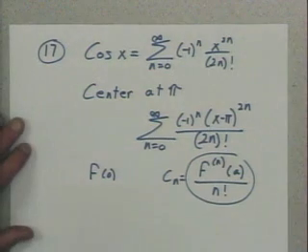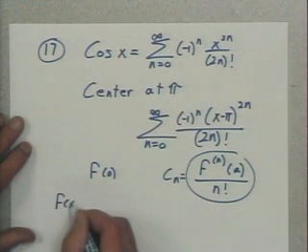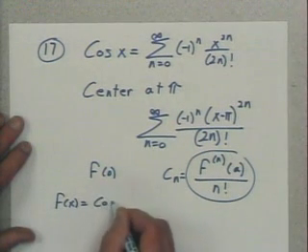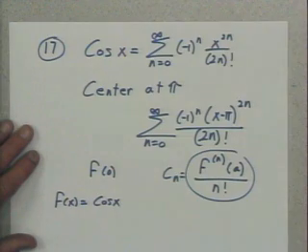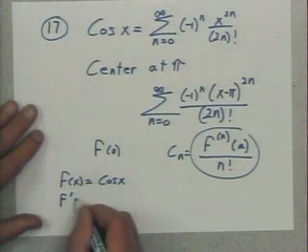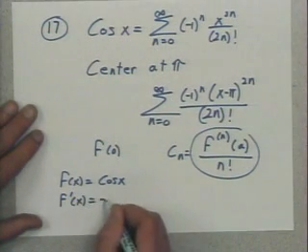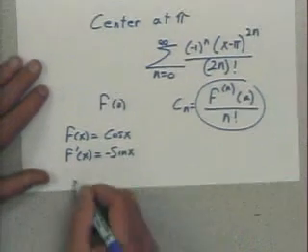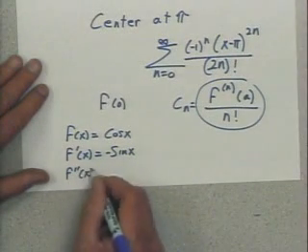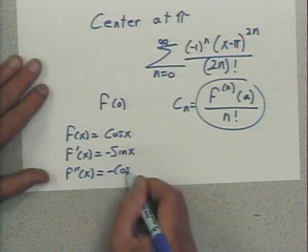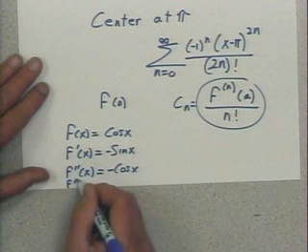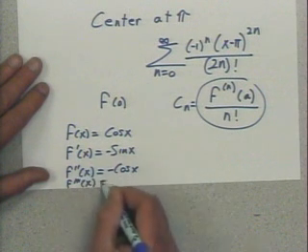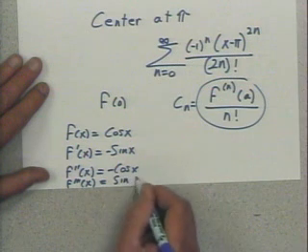So what you might want to do is say, okay, if f of x is cosine of x, and try a couple, f prime of x is going to be minus sine of x, and f double prime is going to be minus cosine of x, and f triple prime is going to be sine of x again, right?